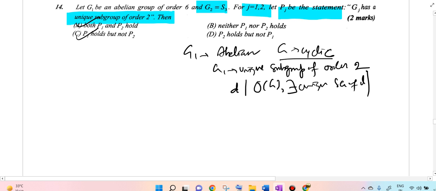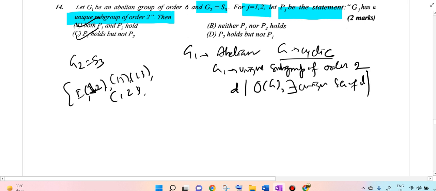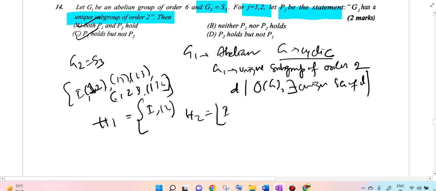Next, G2 equals S3. So the elements are the identity, (1 2), (1 3), (2 3), and the 3-cycles. The subgroups of order 2 are H1 generated by (1 2), H2 generated by (1 3), and H3 generated by (2 3). So G2 has 3 subgroups of order 2.